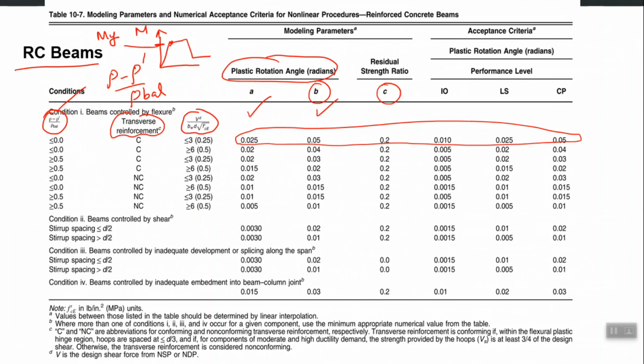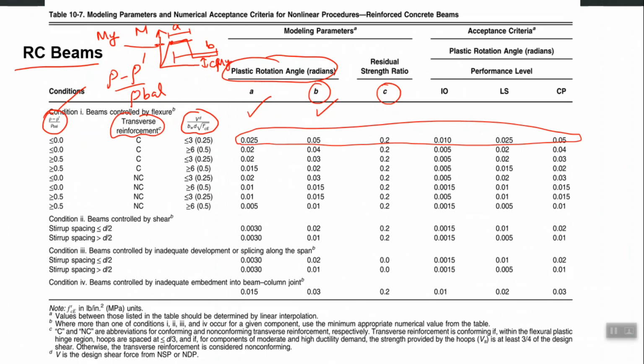From my onwards, your beam will yield, and this distance will be small a, and the last point distance will be small b, and this small height is actually c. Actually, it is not exactly c, it is c times the yield moment my.